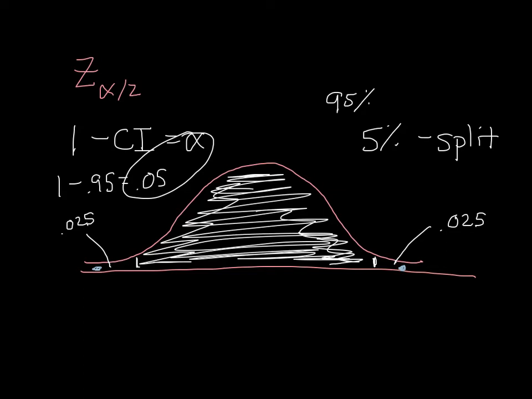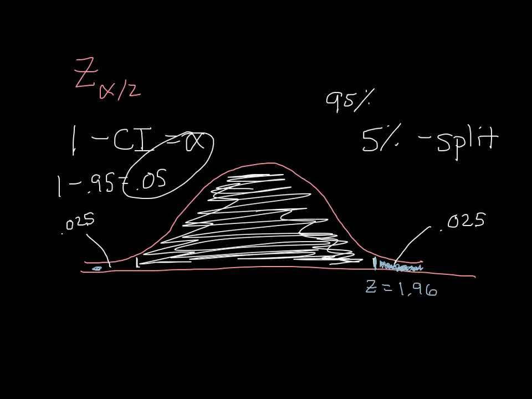What we're looking for is the z-score of this point right here. We want to know what is the z-score that corresponds to this tail having an area of 0.025. And if you go look that up in your table, A2, or you use technology, for a 95% confidence interval, this z-score is going to be 1.96.